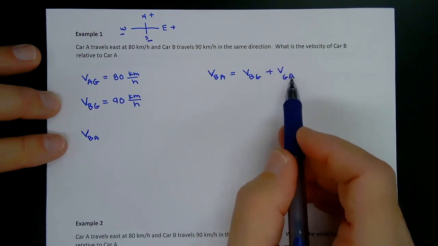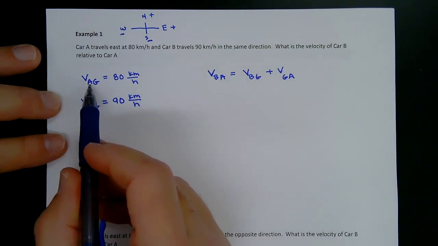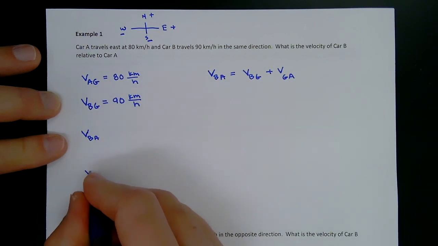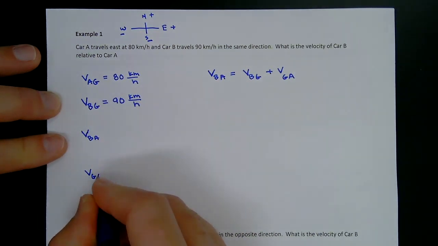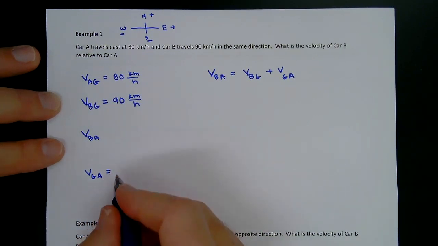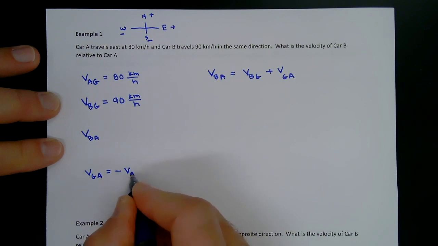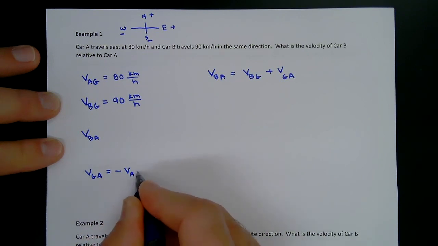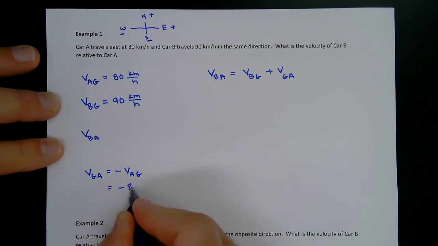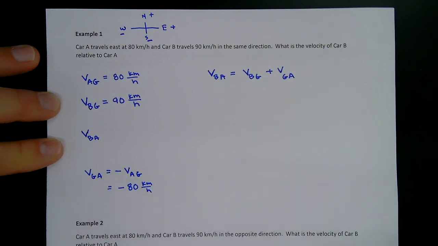But we can calculate it, because if we know the velocity of A relative to G, we know the velocity of G relative to A would have to equal the negative velocity of car A relative to the ground. So that would be negative 80 kilometers per hour.